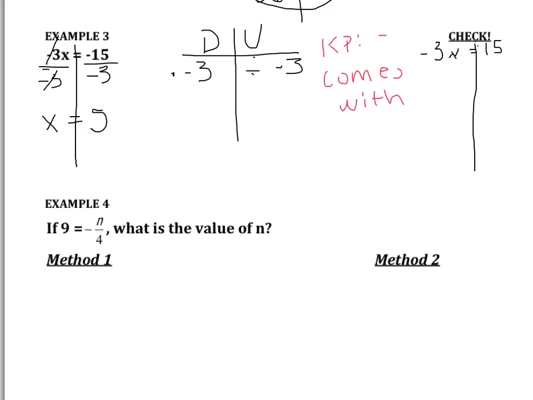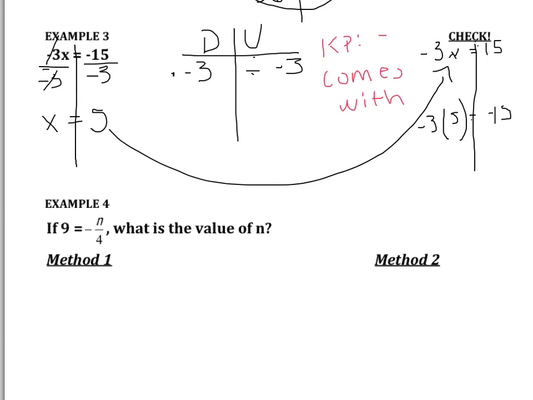The value I found for x was 5, so I'm going to go ahead and I'm going to put that in for x. So -3. Remember, you want to use parentheses when you put your 5 in because you want to make sure you remind yourself that you're multiplying. -3 times 5. Does that give us -15? -3 times 5 is -15. Okay, our answer works.